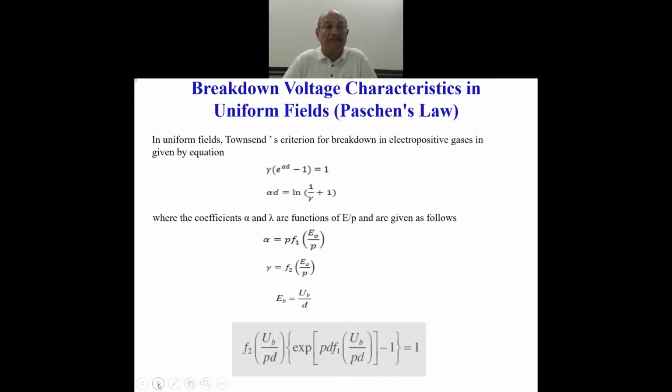That means it is applicable for uniform field configuration as well as for weakly non-uniform field configuration. Only the mathematical derivation is slightly different.